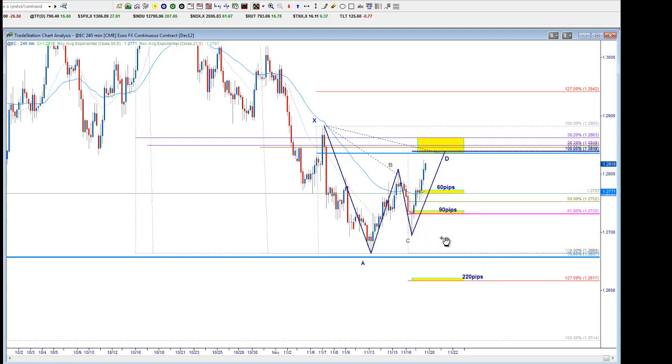So there you go, pattern traders. Just a quick tutorial on how we would take a clean blank screen, and it doesn't matter the time frame. In this case, we're looking at a 4-hour chart. We could have just as easily been looking at a 5-minute chart or a weekly chart.